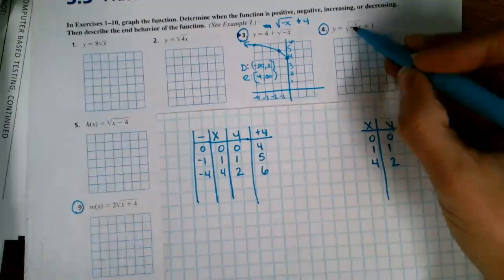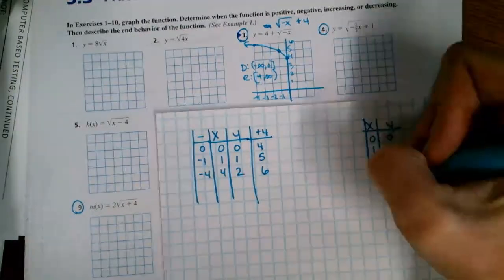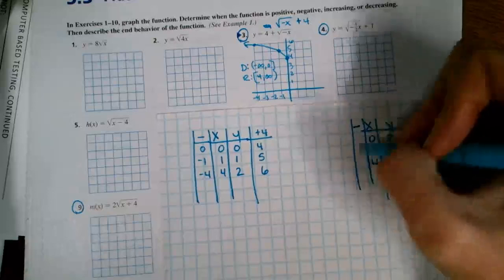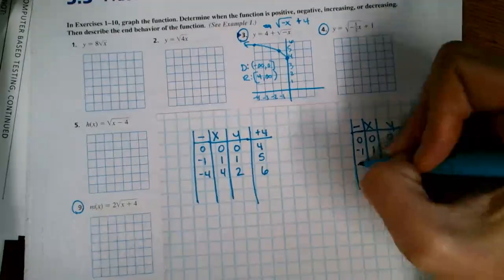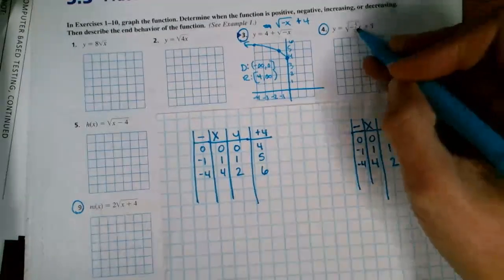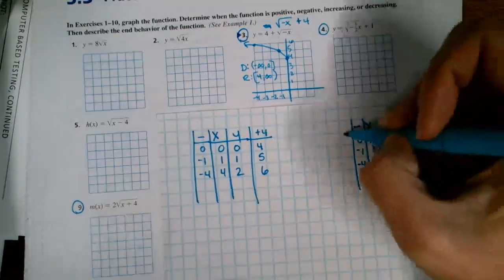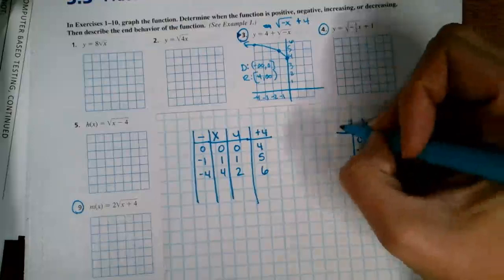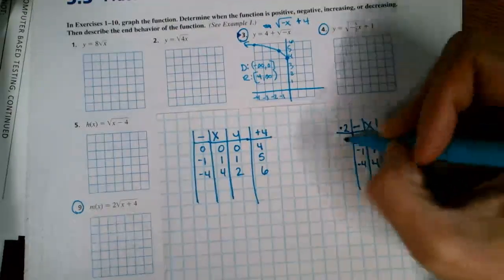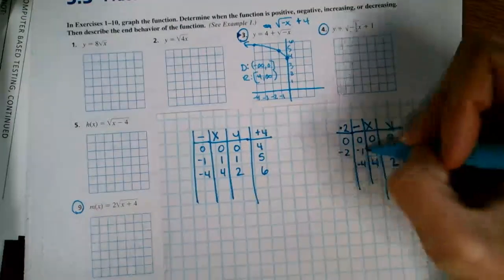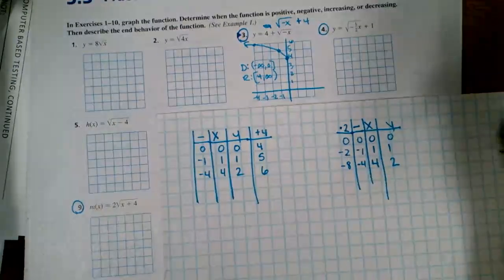This negative is inside, so it's changing the signs of the x. So we're going to take care of that first. The 1/2, remember we're going to do the reciprocal. When it's on the inside, we're going to do the opposite. So we're going to multiply by 2. So this is still 0, this is -2, this is -8.